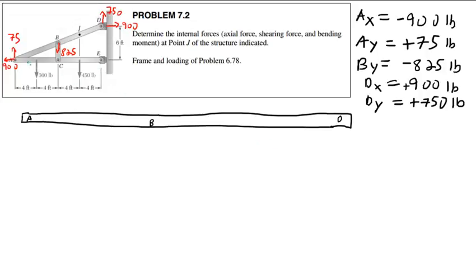This was 20.56. This was also that. This here is 69.44 and 69.44.